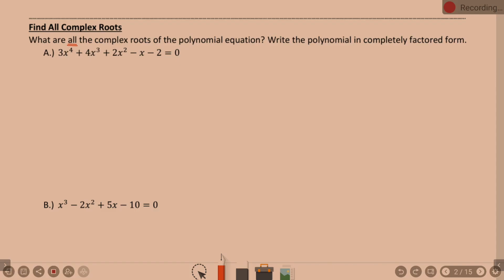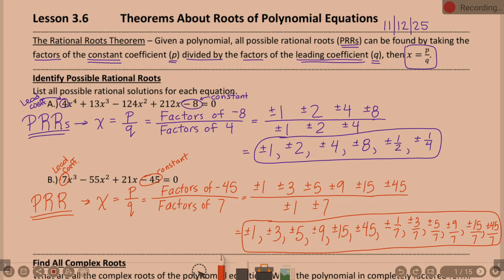And one thing I didn't think to mention: on this first example, or even this one we just did, how many total roots would there actually be? 3. There'd be 3 solutions. Did we list more than 3 possibilities? Just a smidge, right? So it finds more possibilities than what actually work.